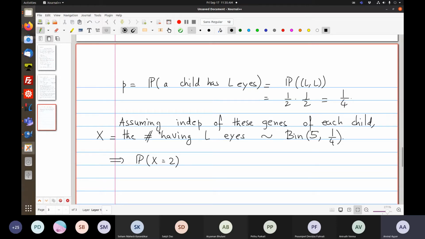X is equal to this number, and so this is now 5 choose 2, p, which is 1/4 to the 2, and 1 minus p, which is 3/4 to the 3. One common mistake that people make is forgetting to include this 1 minus p factor.